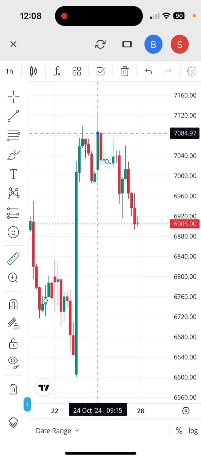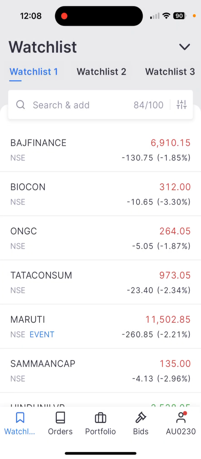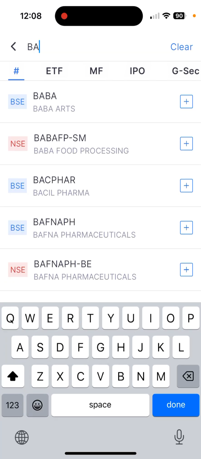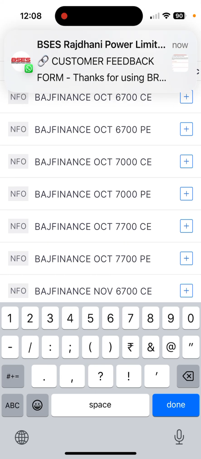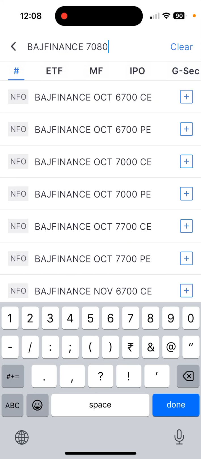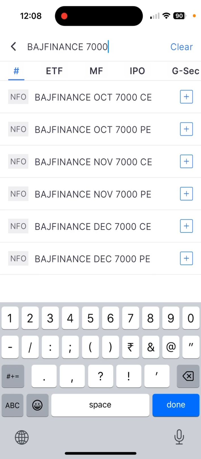So let us check. If you have a Bajaj Finance call for 7080, so we'll write here Bajaj Finance 7080. So there is no 7080. What about 7,000?